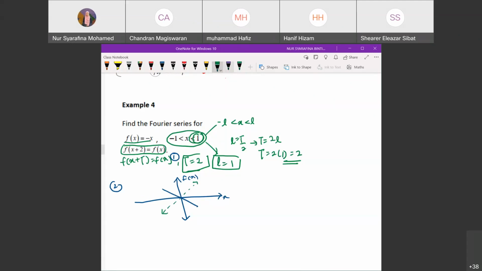Okay, and then if by graph you want to plot the periodic function, it means that at t equals to 2, it is repeated.